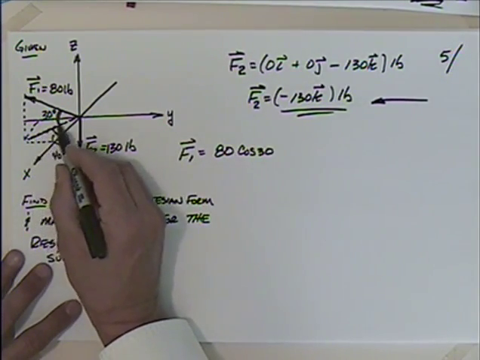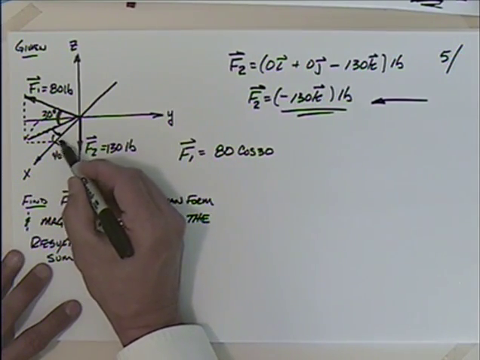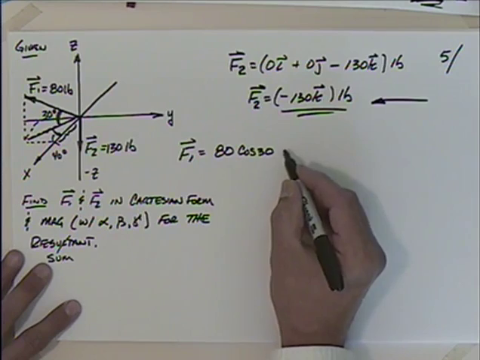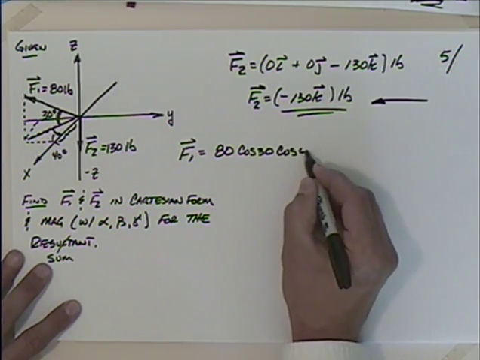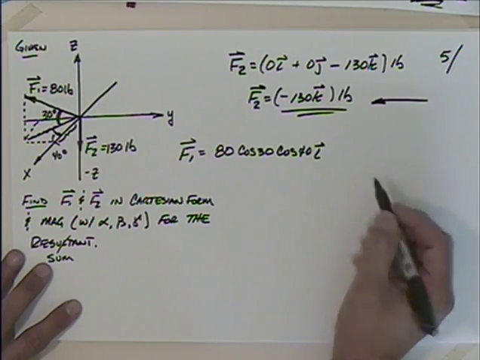That gives me the length of this shadow on the xy plane, and then I need to find this distance there, which is going to have to be multiplied again by the cosine of 40. And that's the I piece.